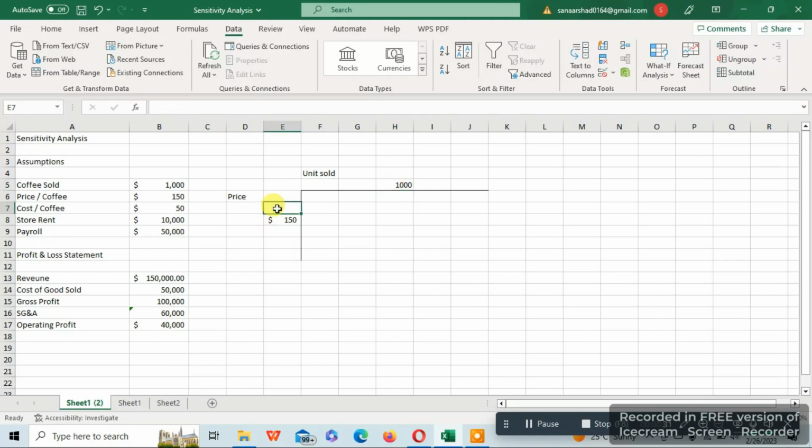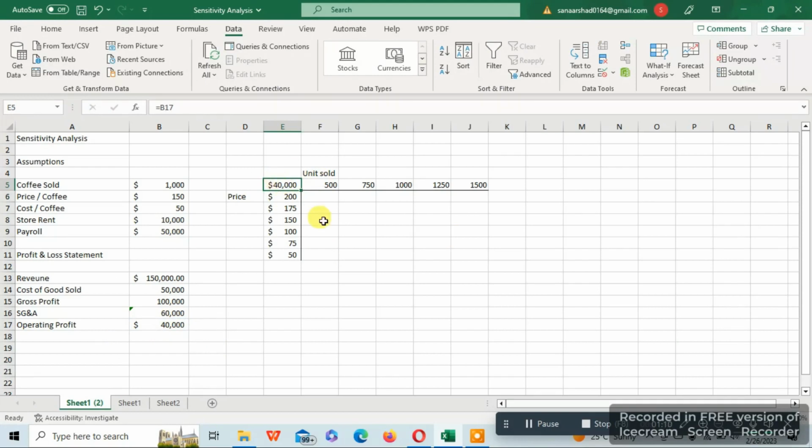And let's assume the prices of 100, 75, 50. Here we will assume the units sold per year, 500, and 1500. And now here we will write the operating profit.